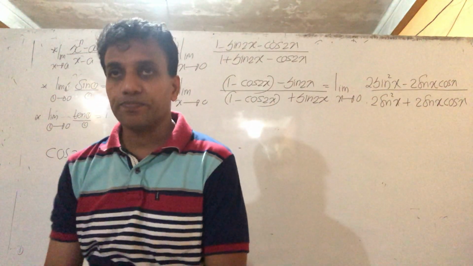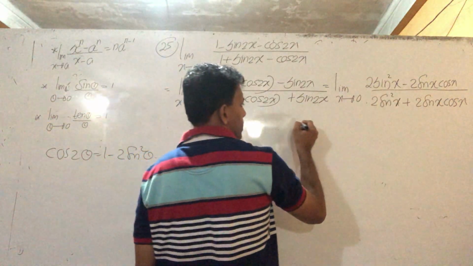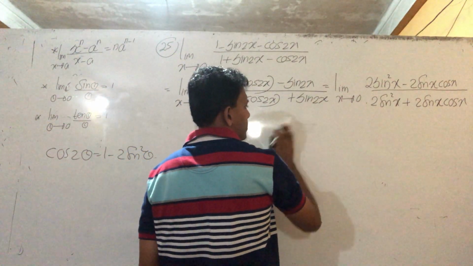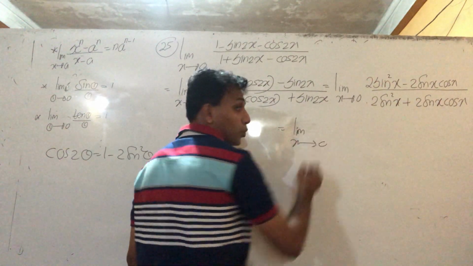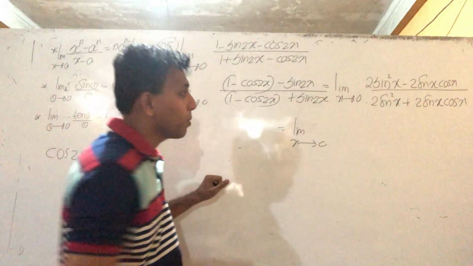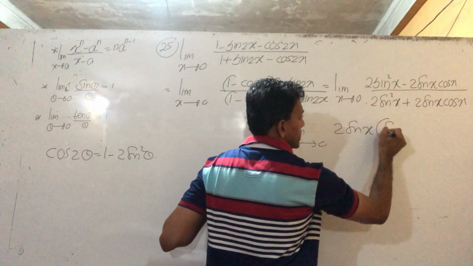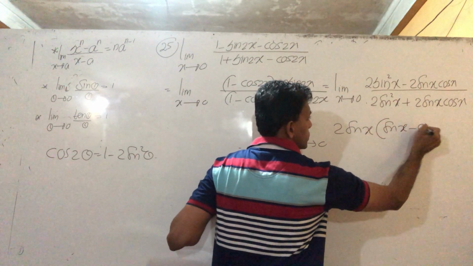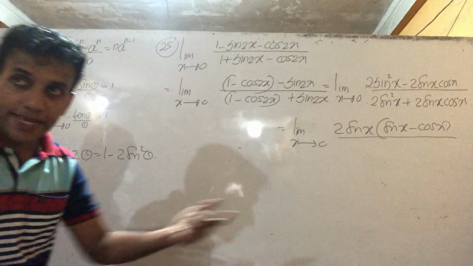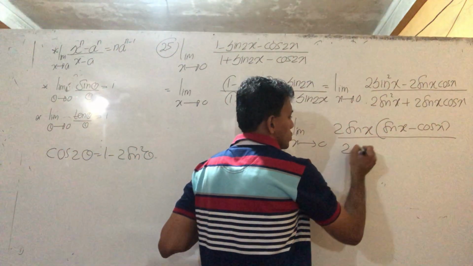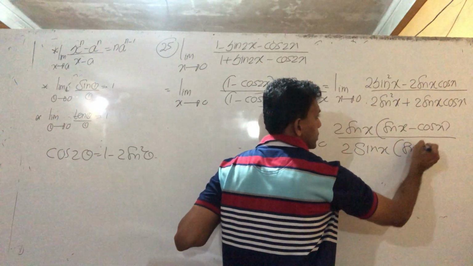What is next? Now apply these. Take the 2 sine x out as a common factor. The limit as x approaches 0 of sine x minus cos x over, taking 2 sine x out here too, sine x plus cos x.